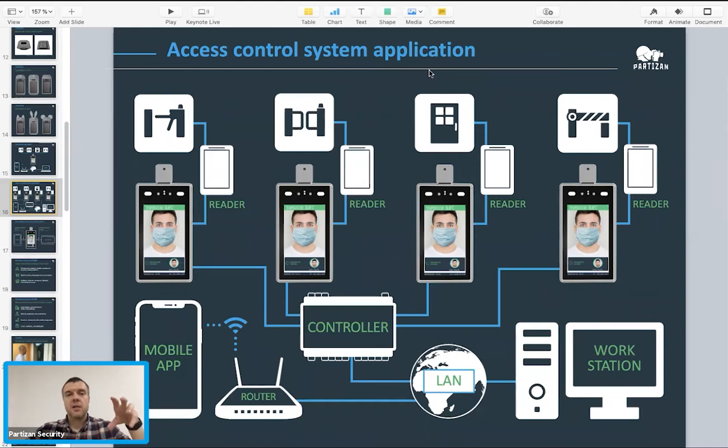So our device will be inside this chain between your door, for example, and your existing controller. It will help you open it with 3-factor authentication. For example, if your card is fine and accepted, if your face is recognized, and if your temperature is normal. And maybe you can also add some face mask recognition on top. So if you are wearing a face mask, your temperature is normal, and your card is in the database, your controller will allow you to go in and open the door for you.